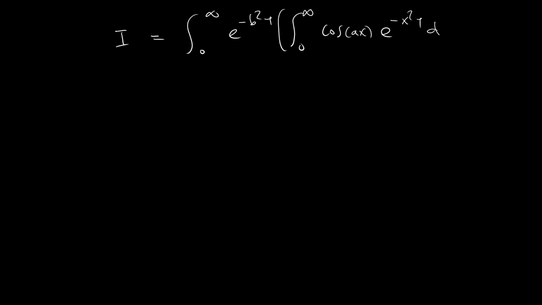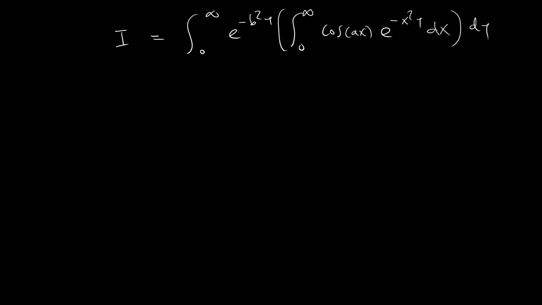So I can also be written as the integral from y equals 0 to infinity, and then now we pull e to the power negative b squared y out, and in here we have 0, so let's have a bracket here, cosine of x times e to the power negative x squared y. So we're integrating with respect to x here, and then close it off with y there.